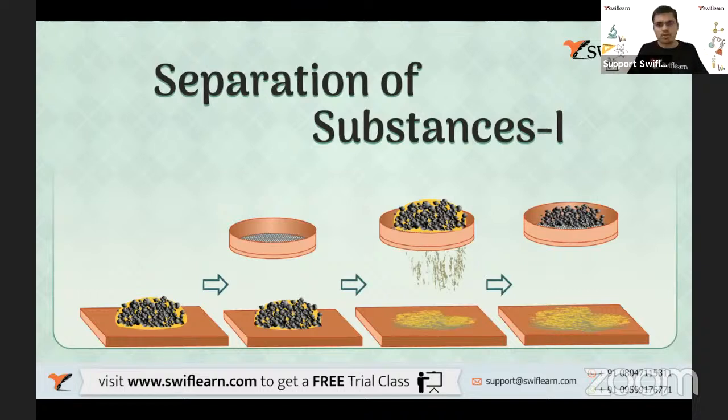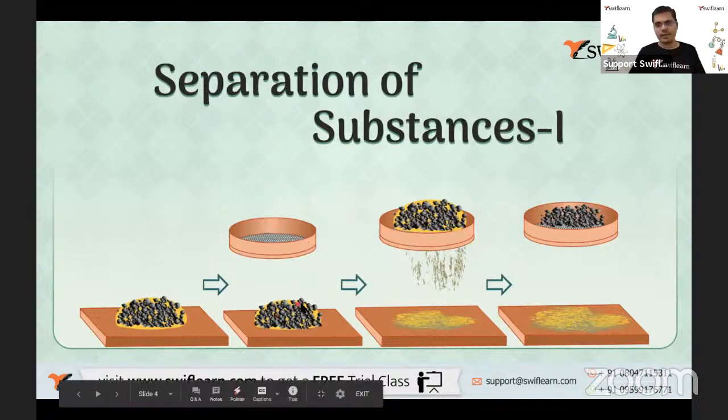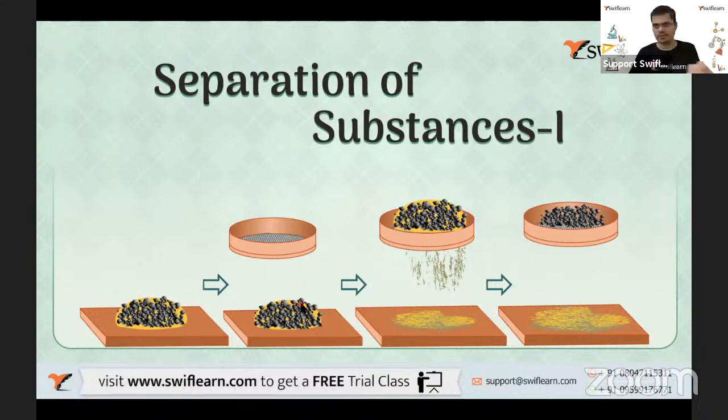As you can see in this slide, there is this filter. You take this substance and you put that into this filter. As you can see here, this mixture is made up of some powder and grains also. So when you filter it, what do you get at this point? You get the filtered.